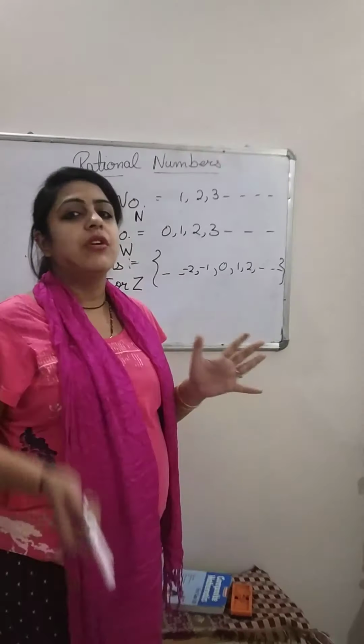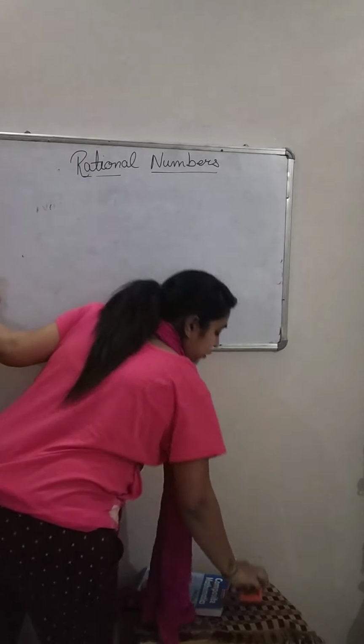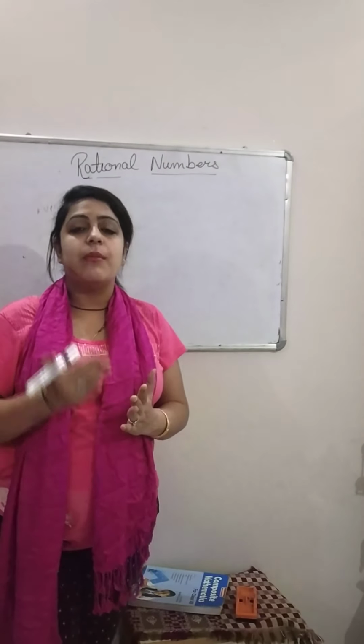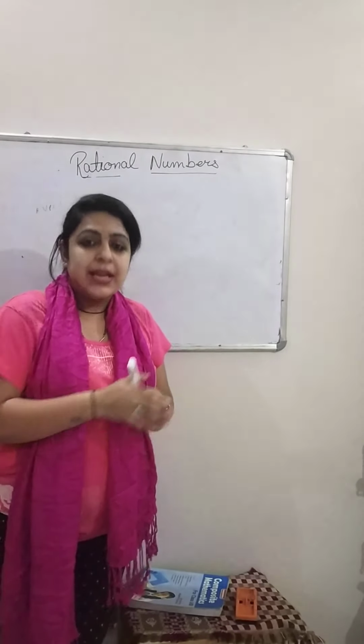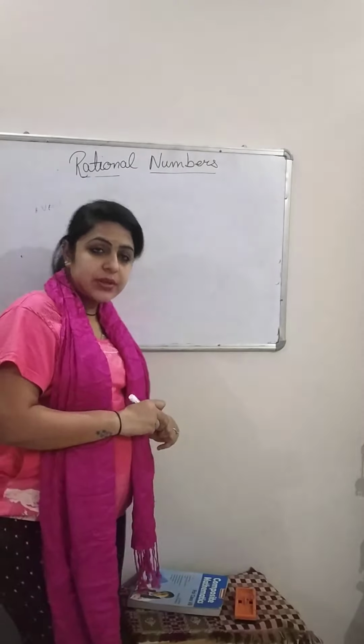What are rational numbers? Rational numbers are those numbers which can be expressed in the form of P upon Q, where P and Q are integers. Let us write the definition first. You are going to note down this definition in your notebooks.